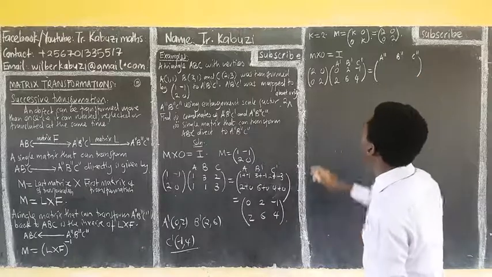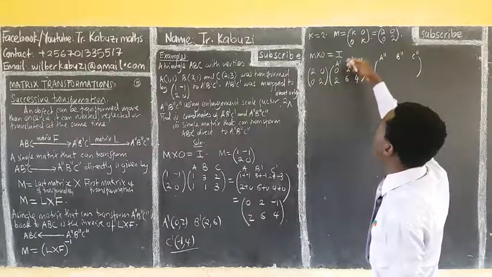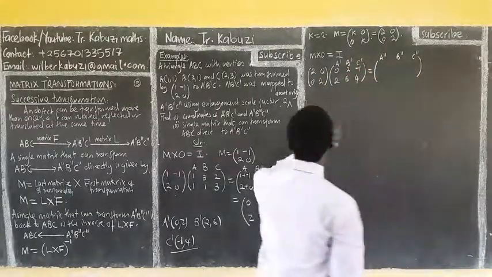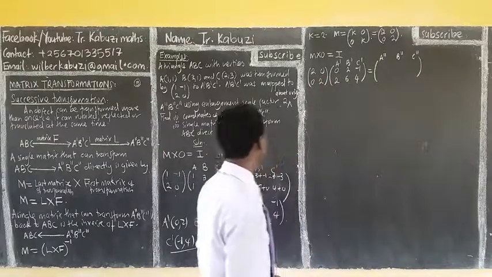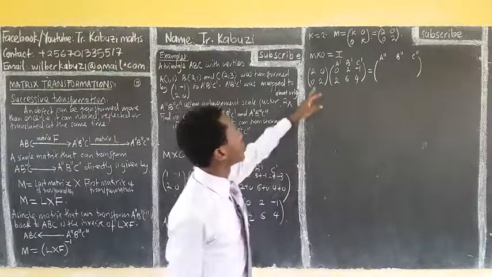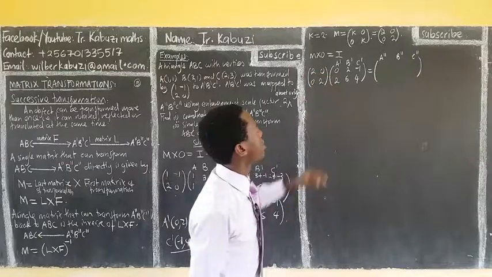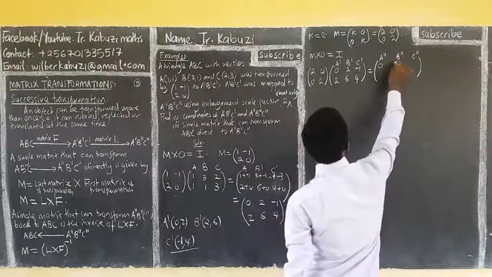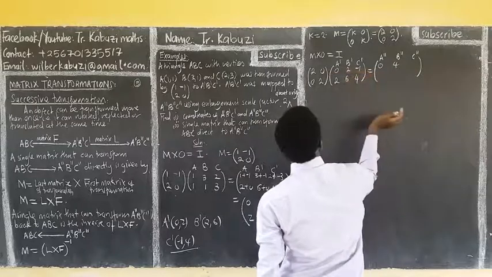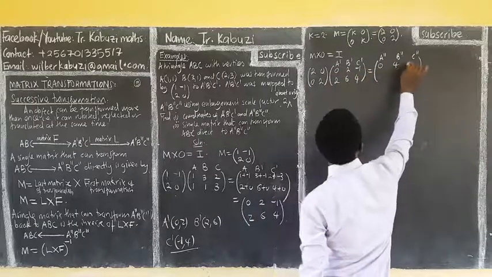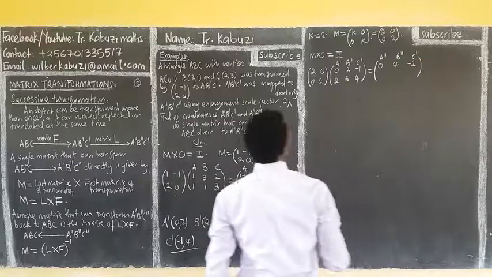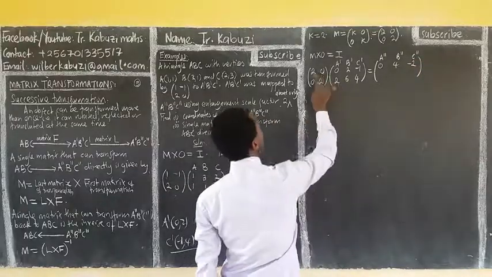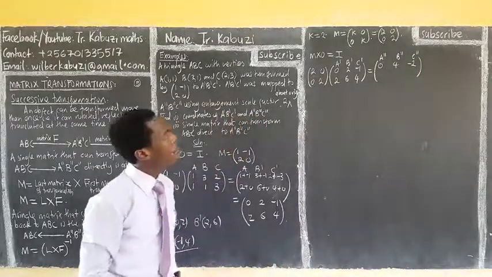Let us see. Now we start with this row, so multiplying is 3. But good enough we have a 0. Whenever you have a 0, it's okay for you to smile. So 2 times this is 0, 2 times this is 4, 0 times this is 0, 2 times this gives negative 2. Whenever I have a 0, you just check which row it is multiplying.